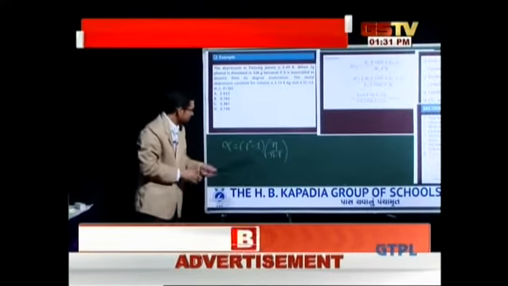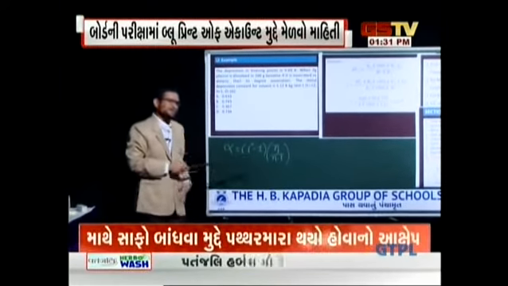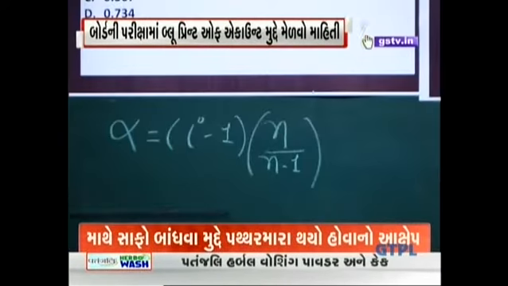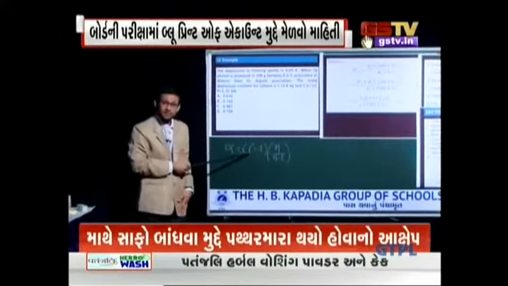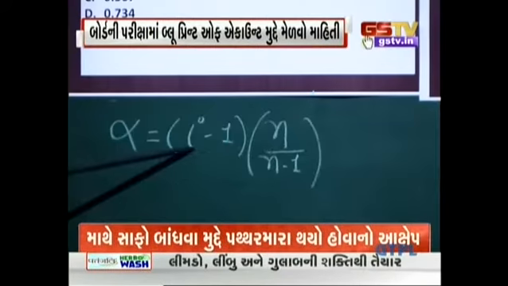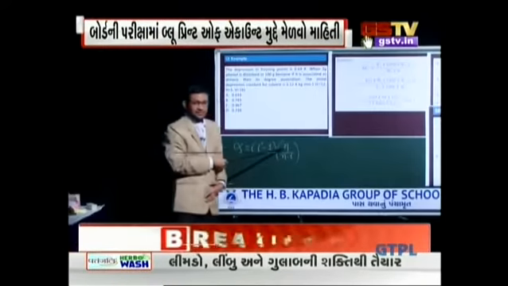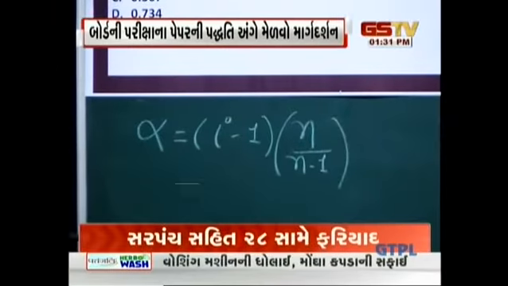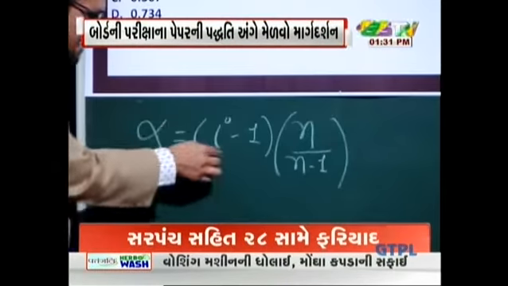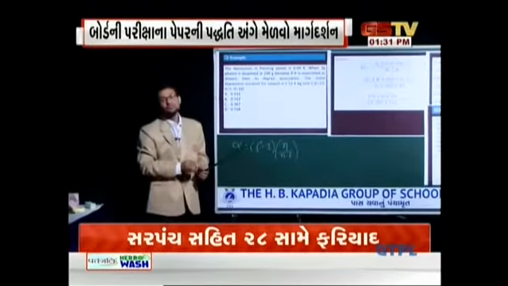Clear? But as you see in this formula, we have to find i, that means the Van 't Hoff factor, and n, which is the number of molecules. To find i, we have to use another formula.